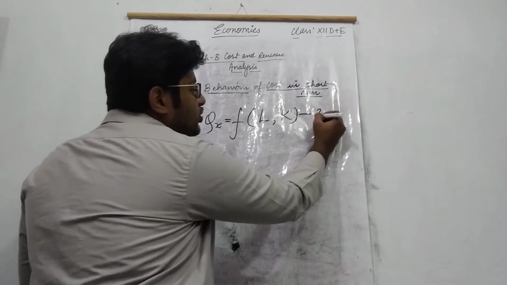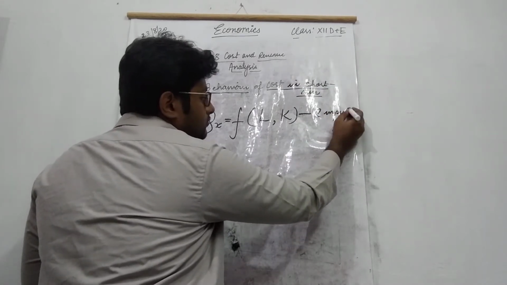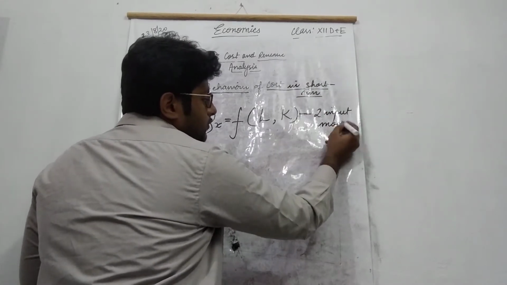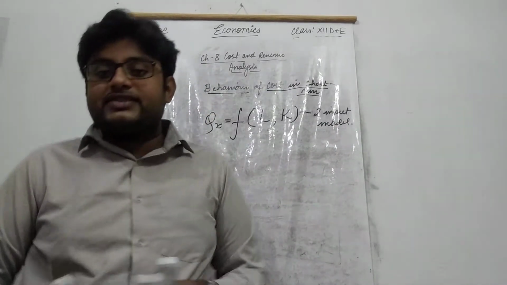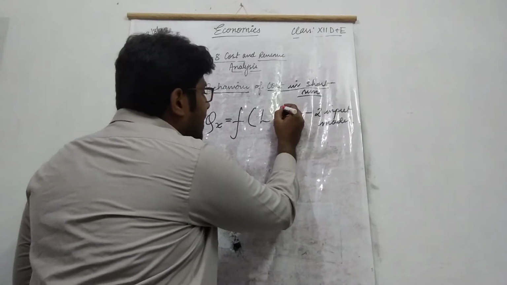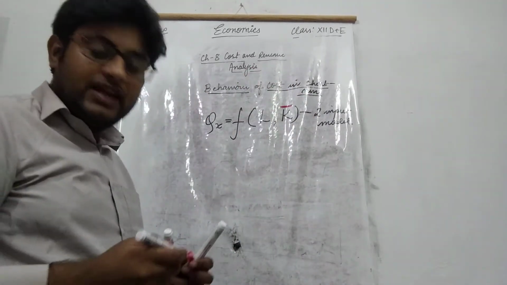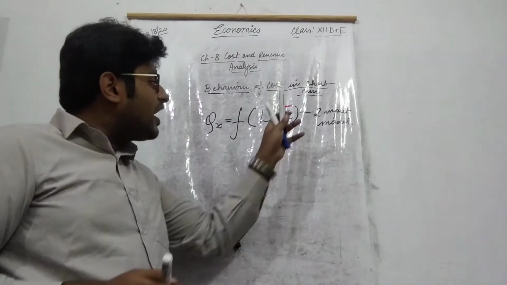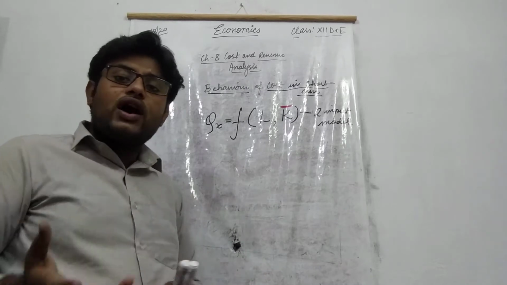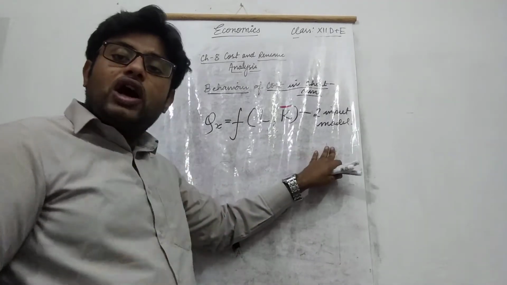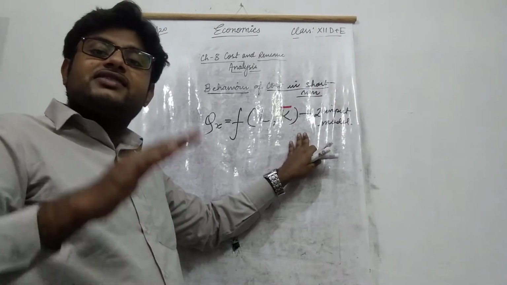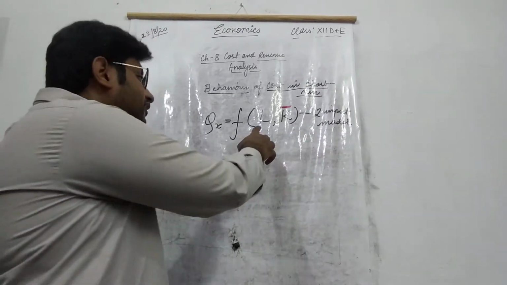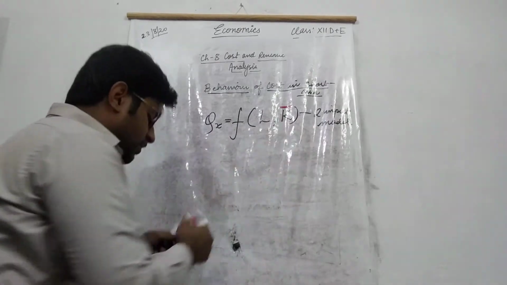Alright, this is the two input model. And I will take my capital as constant. That is why I have placed a bar over it. Why have I taken capital as constant? Because according to economic theory, in the short run, fixed factors remain unchanged and only variable factors change.